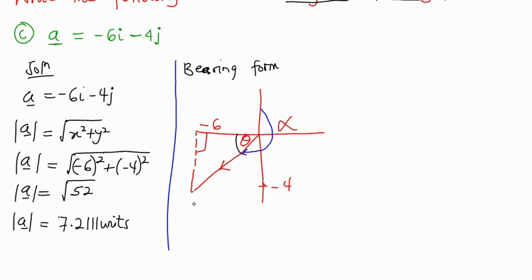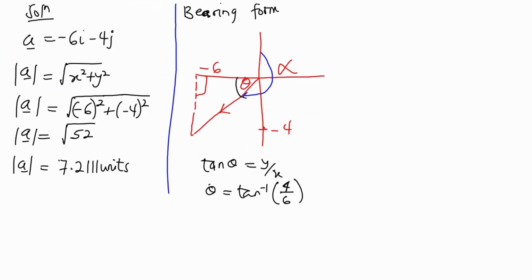In finding theta, we can consider the trig ratio tan theta, which is equal to y on x. Just like we explained, we are going to ignore the negative parts of y and x, which means that our theta is equal to the tan inverse of y, which becomes 4, over x, which is 6.